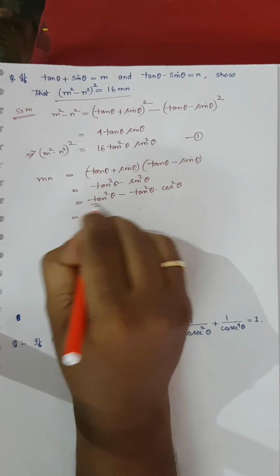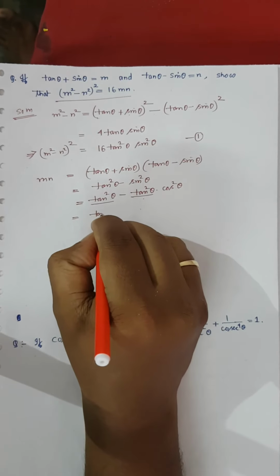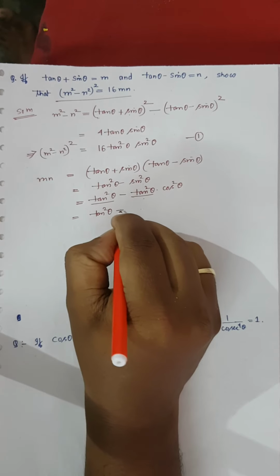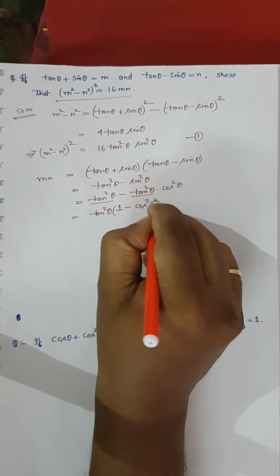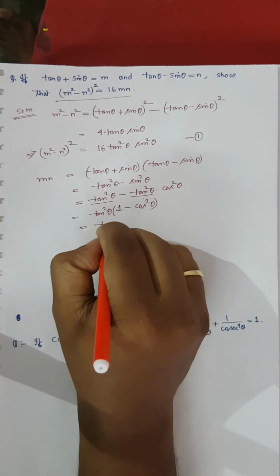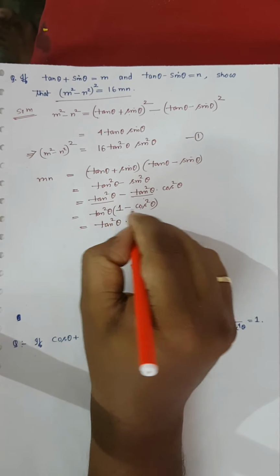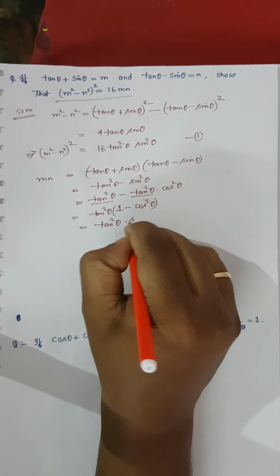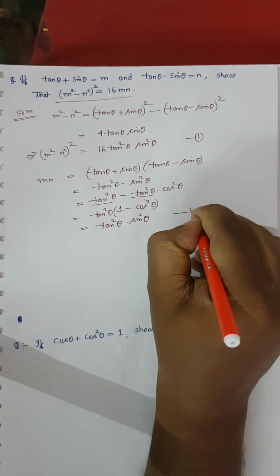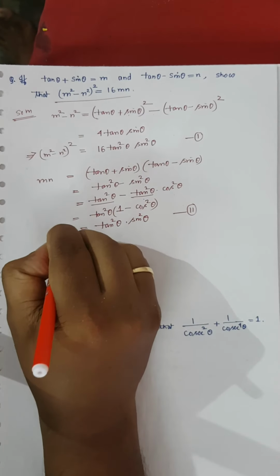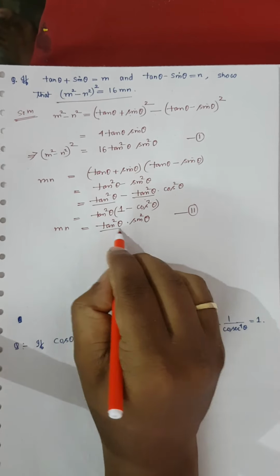Now if you take common tan square theta from both the terms, you will get 1 minus cos square theta. What is 1 minus cos square? It is nothing but sin square theta. So this is number 2. mn is equal to tan square into sin square.